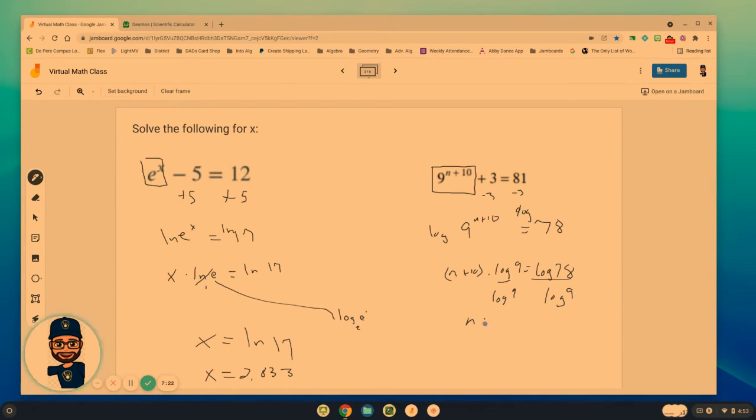And we're left with n plus 10 equals all of that. How do we undo plus 10? We would have to subtract the 10. Or n equals the log of 78 divided by the log of 9 minus 10. And we can type that whole process into Desmos.